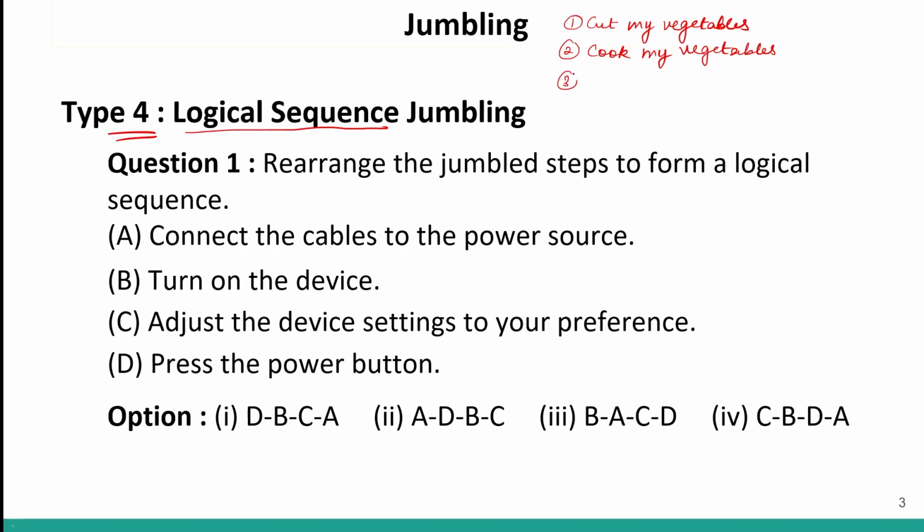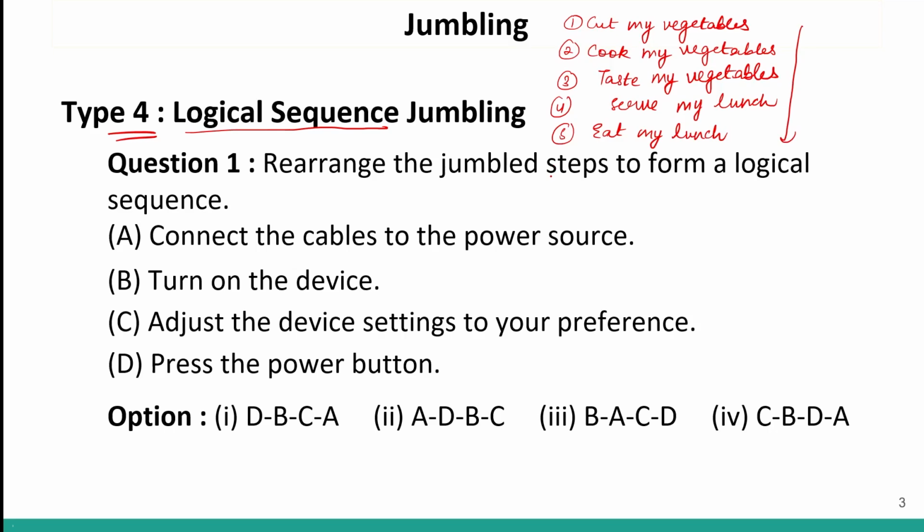The third step would be to taste my vegetables. Then I will pack my lunch, or I can say I'll serve my lunch, and then I will eat my lunch. Right? So, this is the logical order.